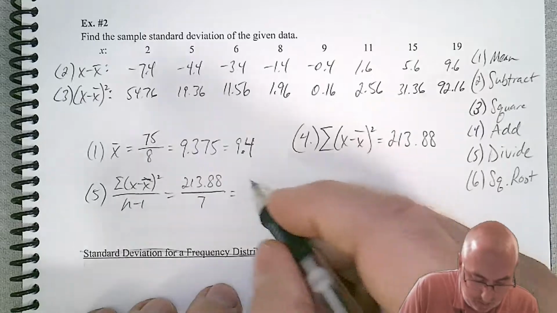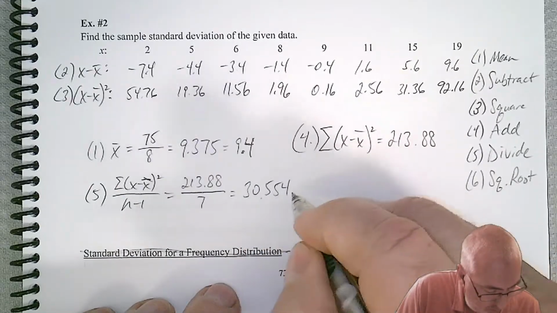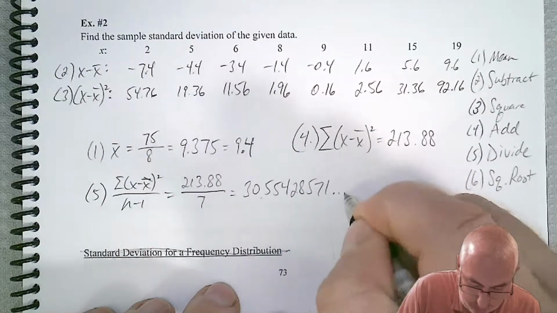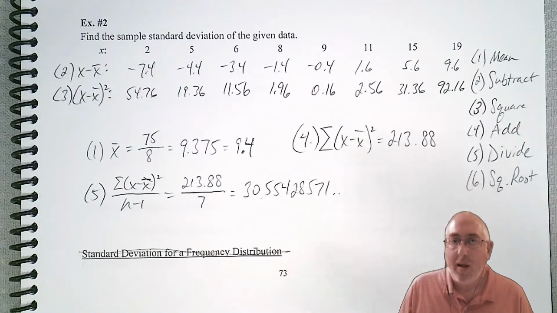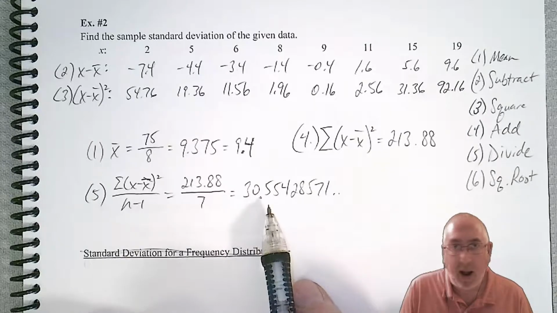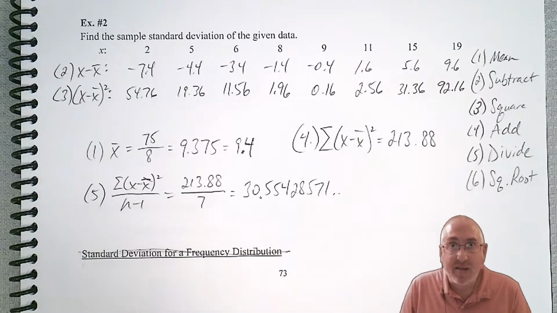That gives 30.5428571 and so on. Now, again, you might be tempted to round this. I wouldn't round this yet. Rounding should only be saved until the last step.